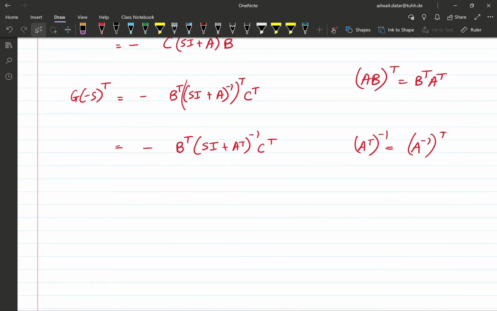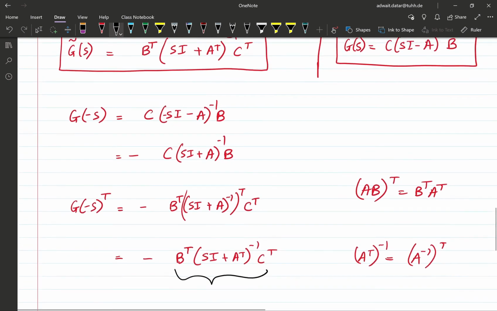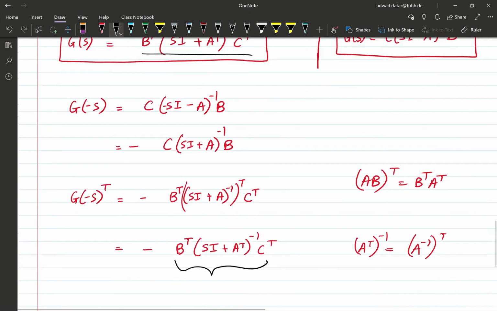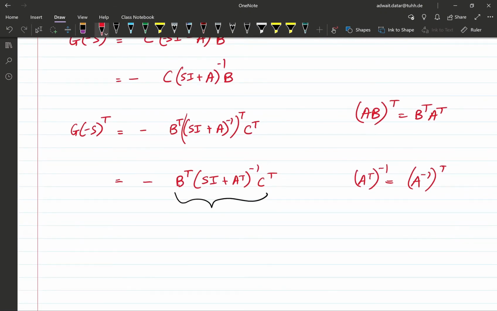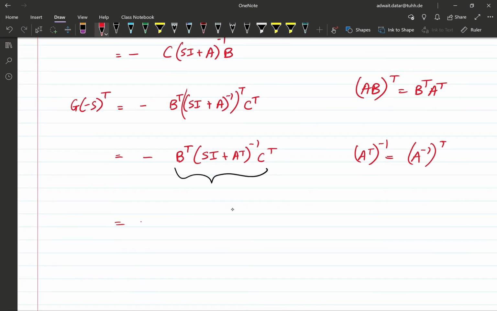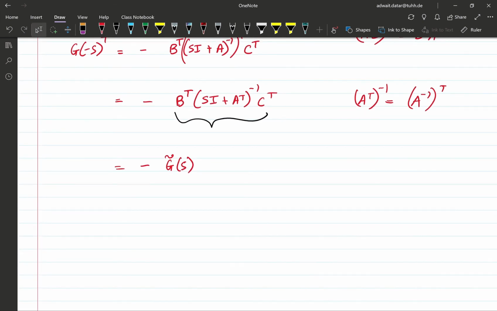So now we recognize that this thing is our G tilde of S. So what we obtain is G of minus S transposed is minus G tilde of S. Well, what does that mean?